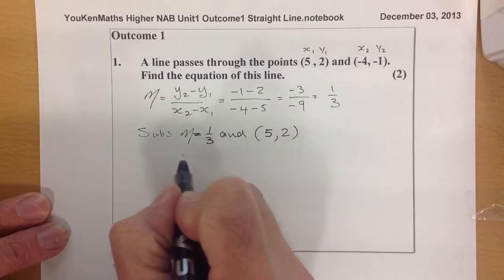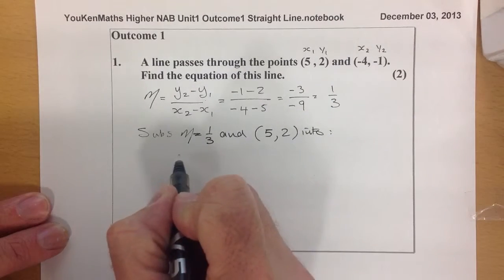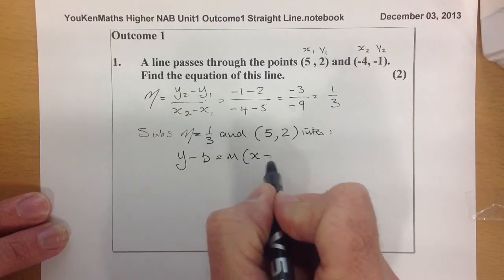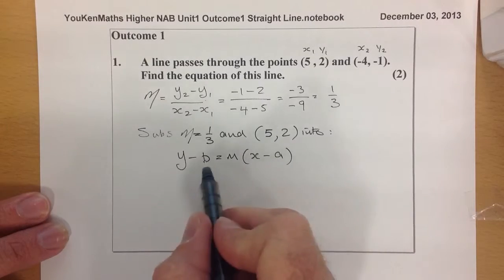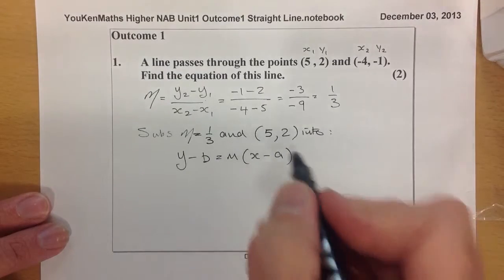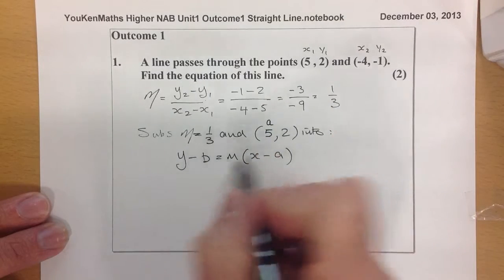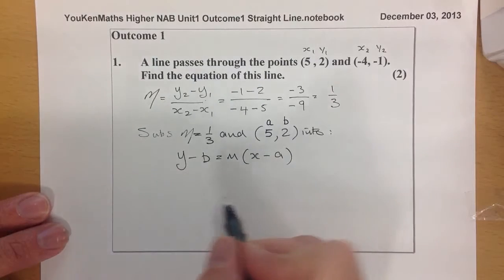I'm going to substitute it into the general straight line equation, which is y minus b equals m(x minus a). So b and a are the coordinates of the point I'm substituting in. The a value will be the 5, and the b value will be the 2. So let's just substitute them in.